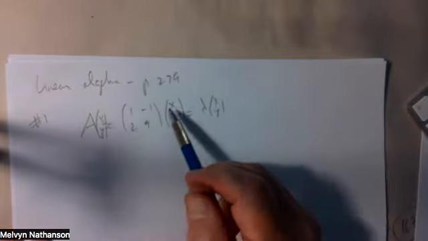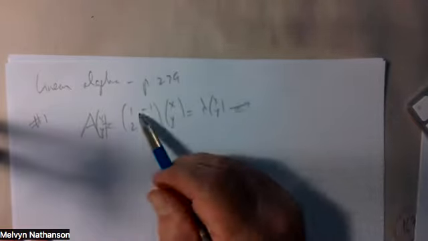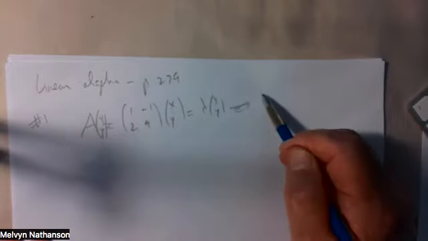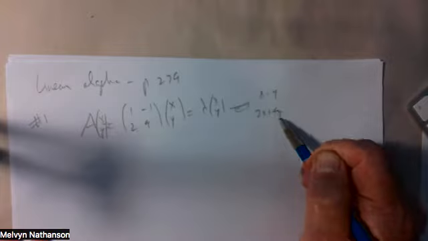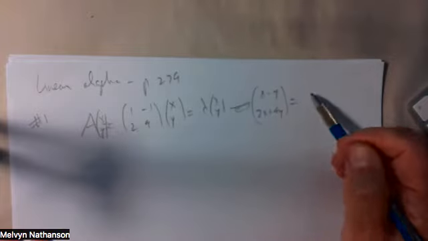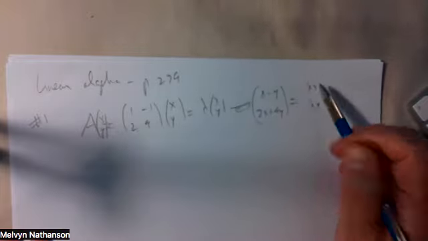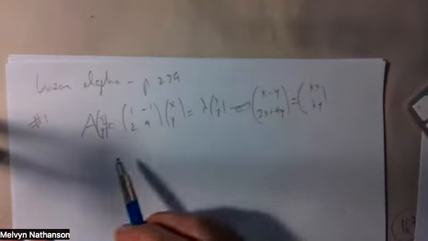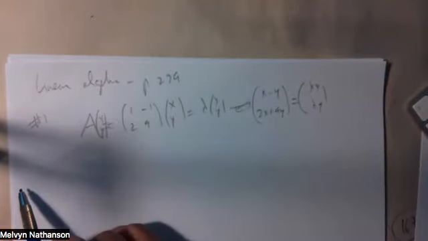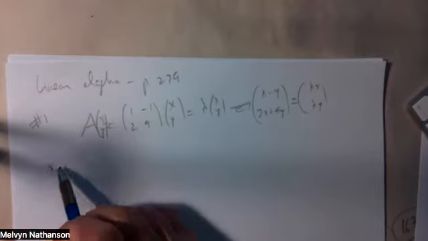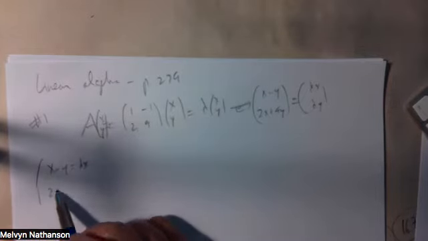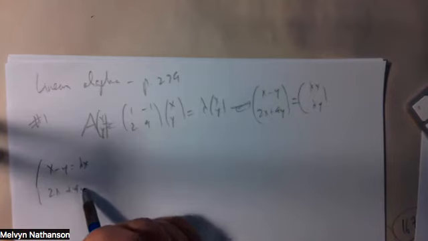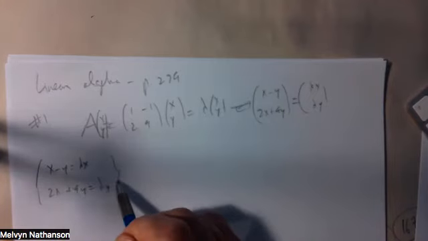This is the same as saying, when I multiply this, I get (x minus y, 2x plus 4y) equals (lambda x, lambda y). So this corresponds to solving the equations x minus y equals lambda x and 2x plus 4y equals lambda y.